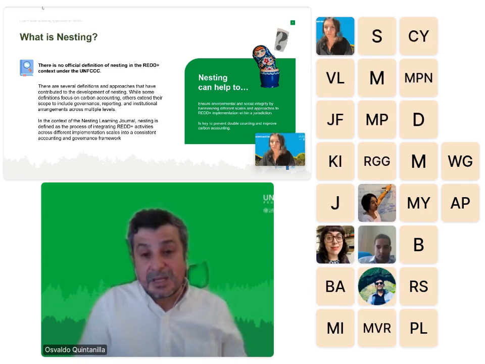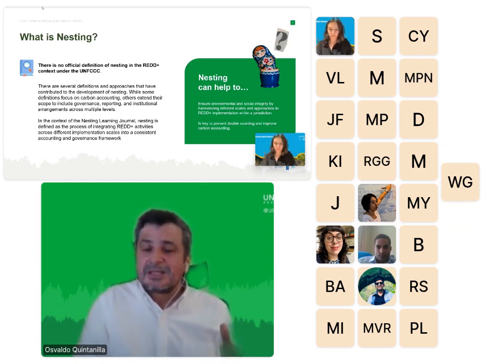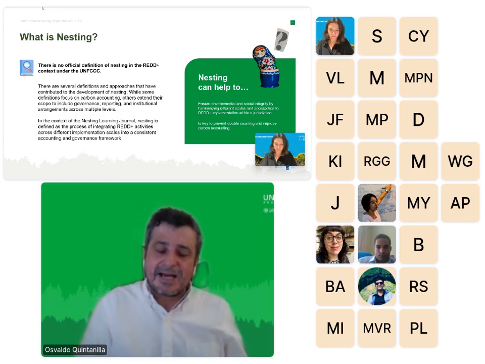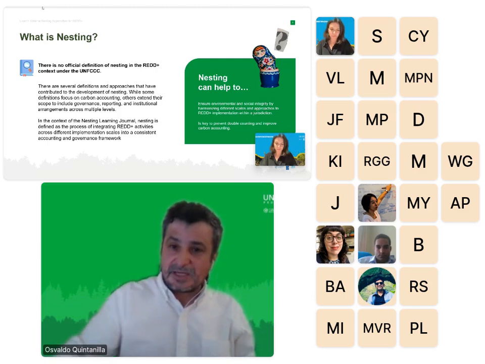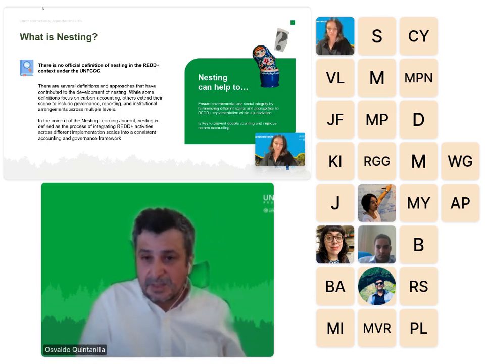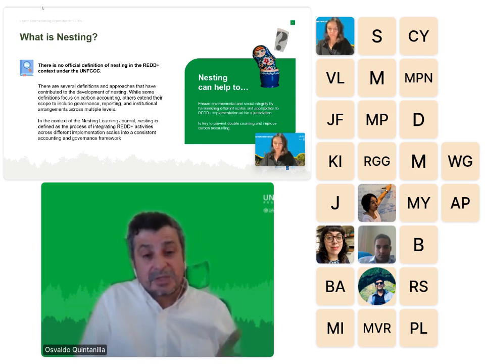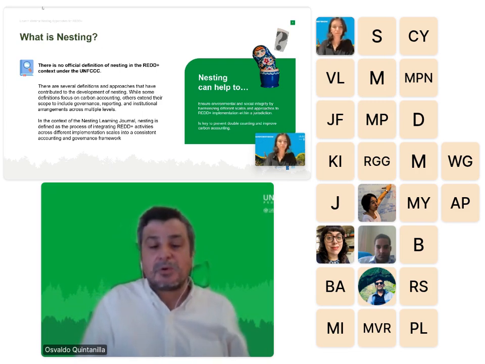Having considered many different definitions related to nesting and not having an official one from the Climate Change Convention, this learning journal defines nesting as a process of integrating REDD+ activity across different implementation scales into a consistent accounting and governance framework. These could include project-level activities, subnational initiatives, and national programs. This integration helps countries prevent double counting, align methodologies, and credibly report results under both compliance and voluntary mechanisms.